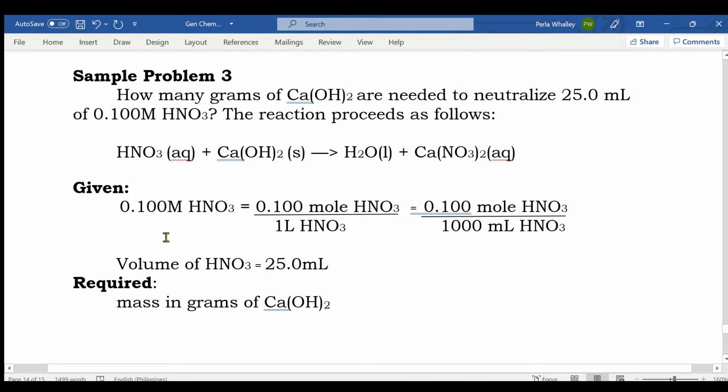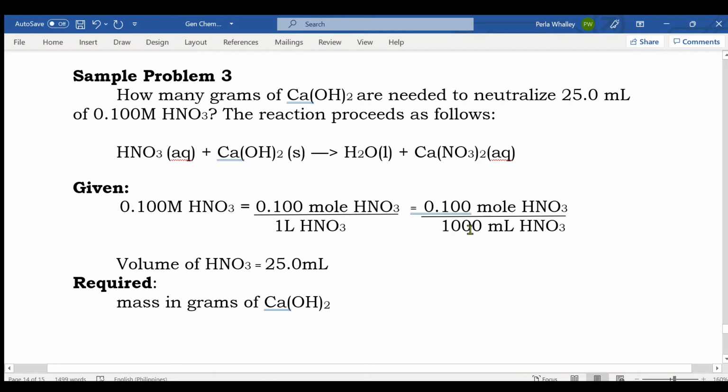Given 0.100 molar HNO3, which is also equal to 0.100 moles HNO3 in 1 liter of HNO3, or 0.100 mole HNO3 in 1000 ml HNO3.